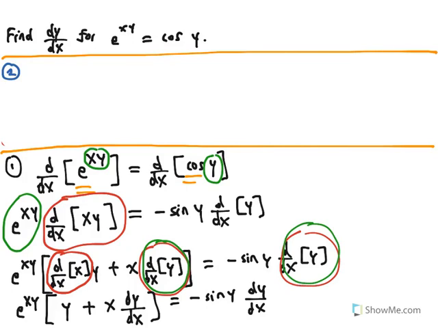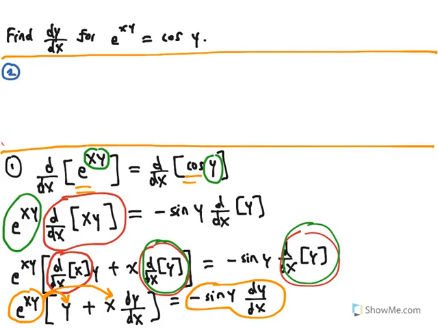In step 2, we'd like to move all terms that have dy dx to the left side of the equation. So this particular term has a factor of dy dx, and on the left side of the equation, remember what we said earlier. You have to distribute e to the xy to each of these two terms, and one of them will have a factor of dy dx. But we will begin by go ahead and distributing e to the xy to the two terms inside the brackets on the left side of the equation.